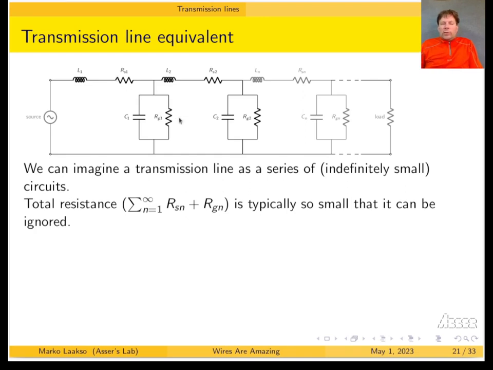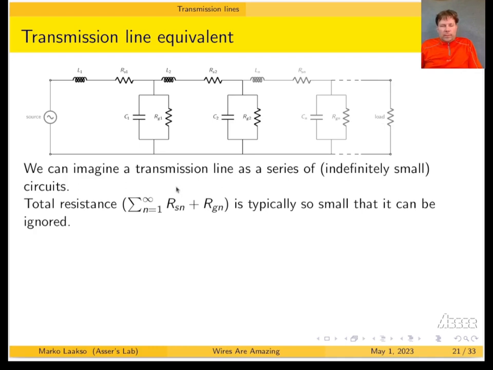And these resistors basically represent those losses, signal losses along the line. We can imagine this is an infinite series of these blocks. We have another one in here and yet another one, and there would be an infinite number of those until you reach the load.